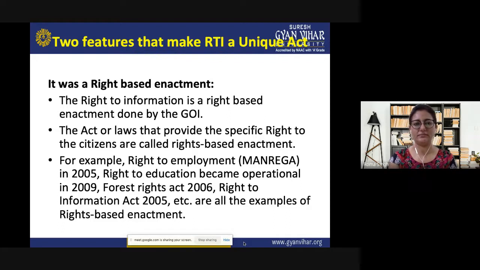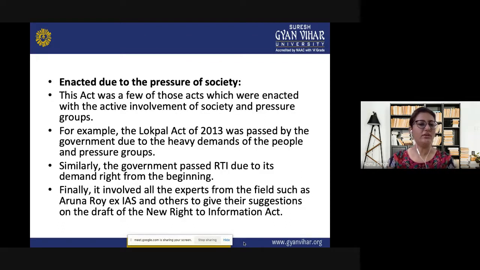The next unique feature is that this right was enacted due to the pressure of society. This was one of those acts enacted with the active involvement of society and the various pressure groups which work on such matters, so that the government takes them into consideration and forms laws.